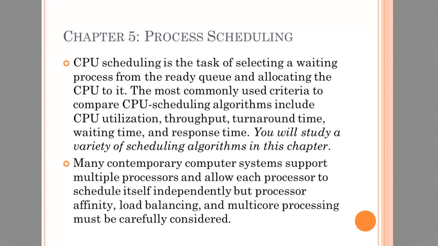So, CPU scheduling is the task of selecting a waiting process from the ready queue and allocating the CPU to it. In other words, passing the instruction to the CPU. How do you determine what to do? I can have a long program and I can just do one instruction at a time, but that will defeat the purpose if I have many processes waiting to continue.